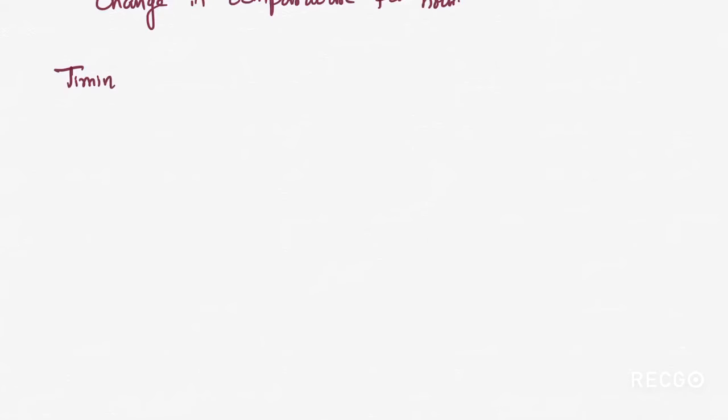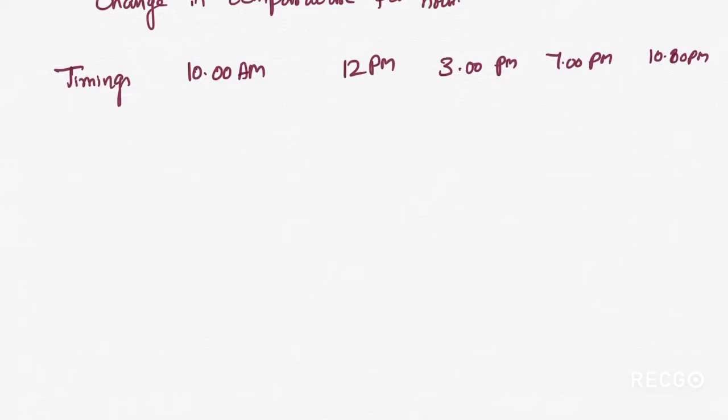The timings given were 10 o'clock, 12, 3 p.m., 7 p.m., 10 p.m. Let's say this one is 12 noon, because it will cause some ambiguity. 12 noon.